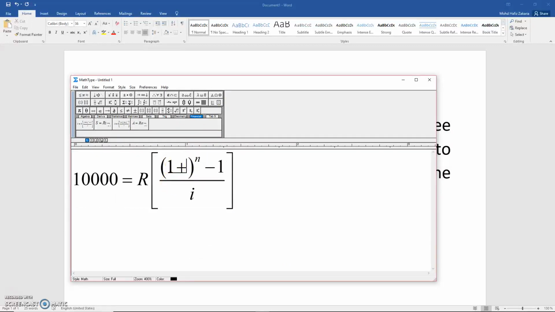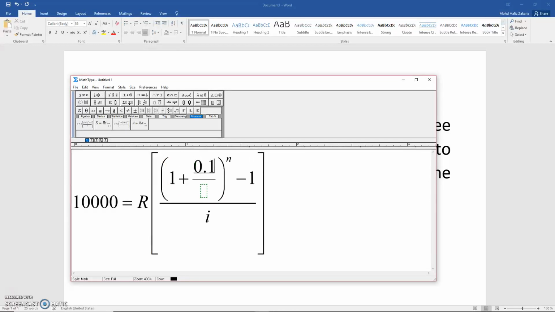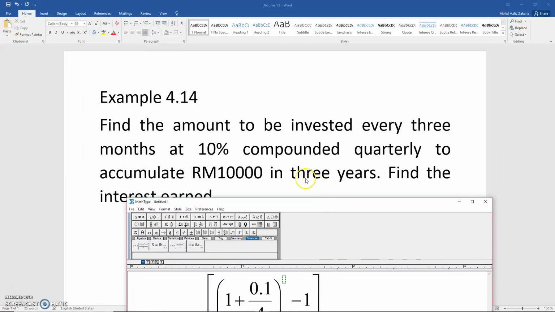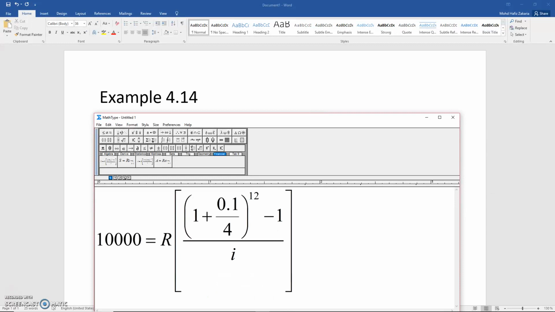Okay, so 10% compounded quarterly, meaning 4 times per year. And the value of N is, because they want to accumulate it in 3 years, in 1 year the interest is 4 times, so for 3 years it will be 12 times.